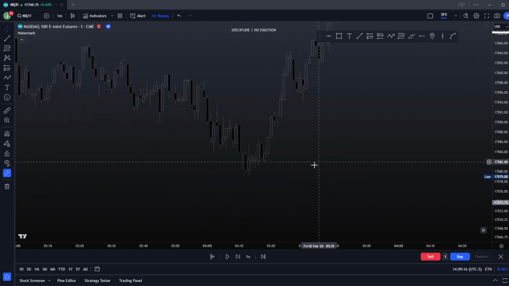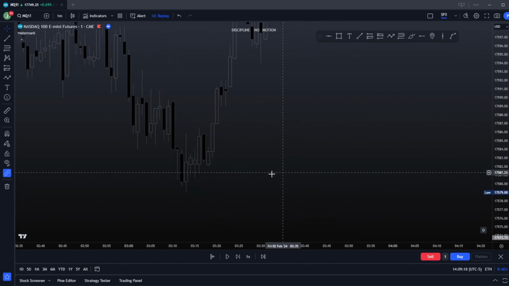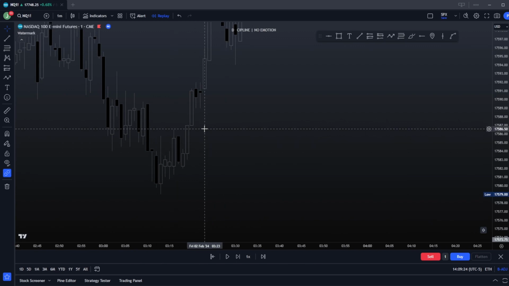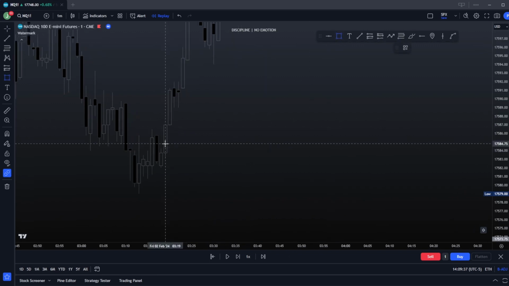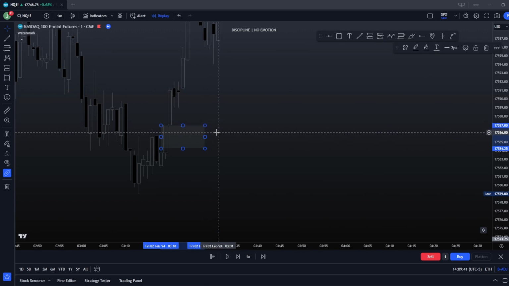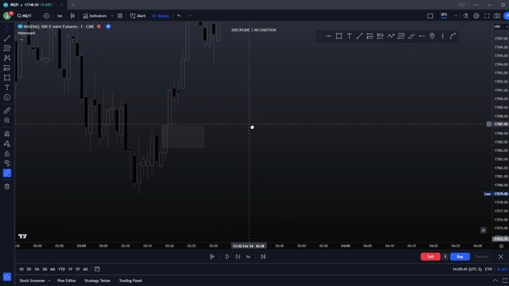Now, when you have these impulsive candles that just move sternly in one direction, that creates a market inefficiency and a market imbalance because you have a lot of buy orders, but you don't have a lot of sell orders. And the market has to correct that. So these gaps function as a magnet almost for price to come back into before continuing in a trend.